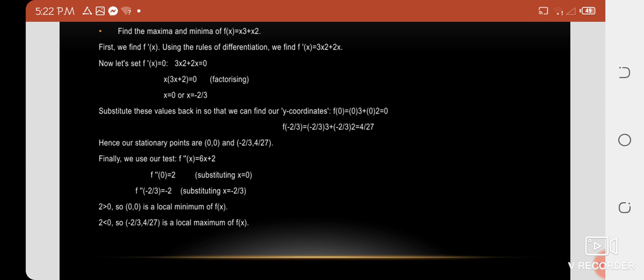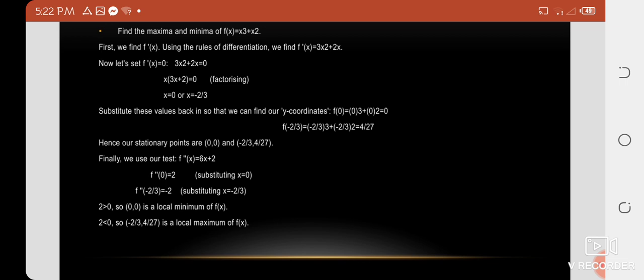Finally, we use our second derivative test. f''(x) is equal to 6x plus 2. So, f''(0) is 2, by substituting x equals 0.